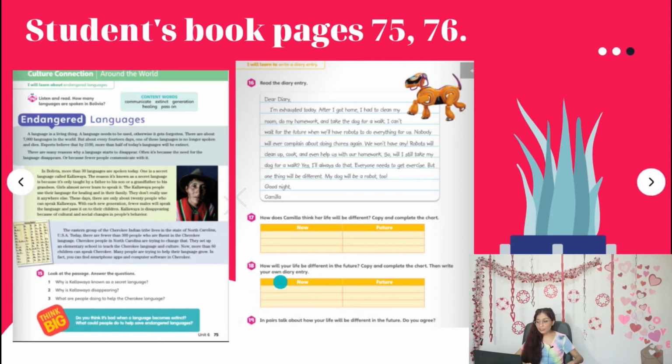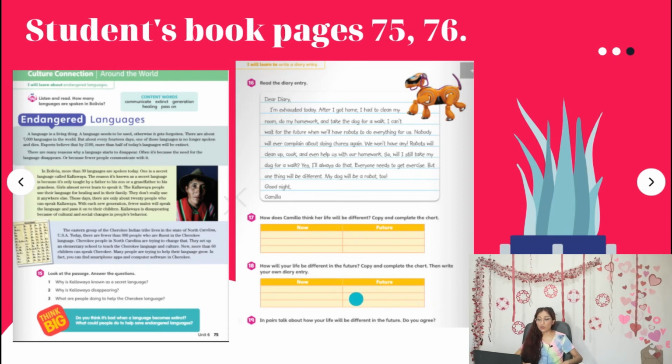18. How will your life be different in the future? Copy and complete the chart, then write your own diary entry, okay? So, now, the activities that you do now. Do your homework, take virtual classes, take care of your dog, take care of your sister, your brother, etc. and you're going to write the things that you do, your chores, son tus quehaceres, ¿no?